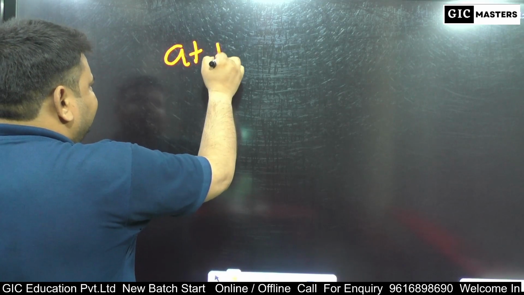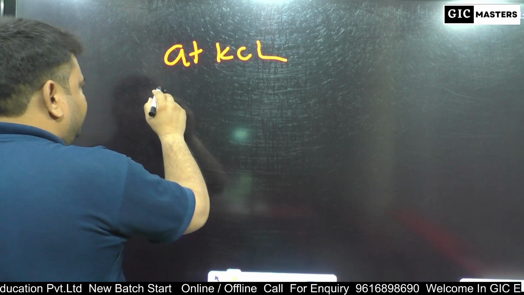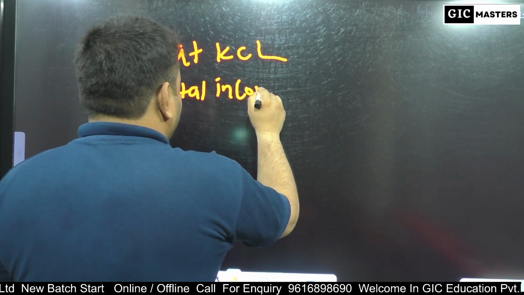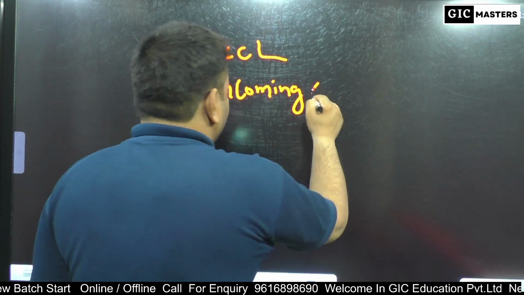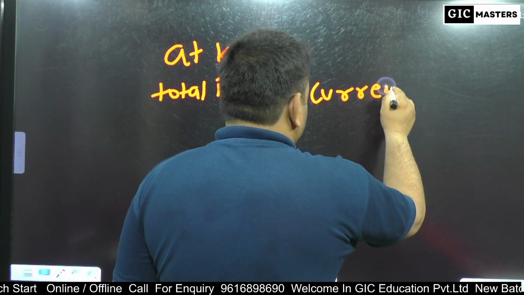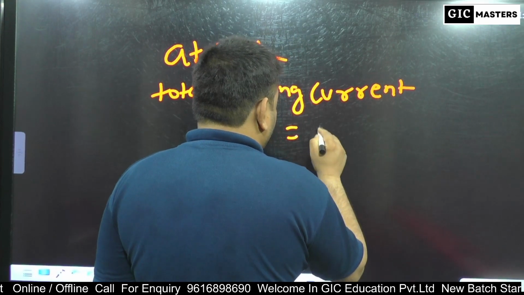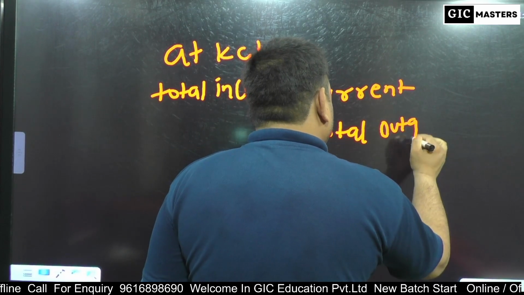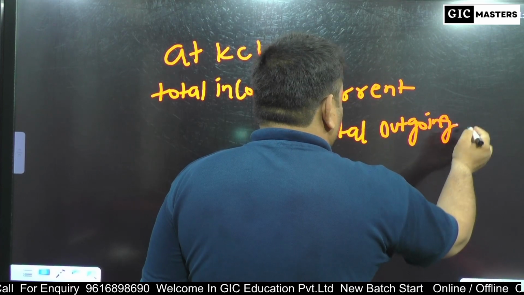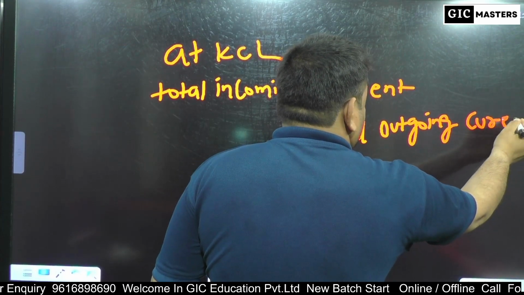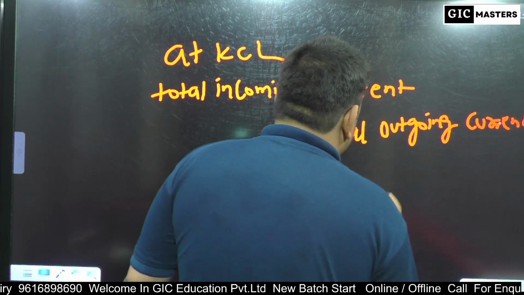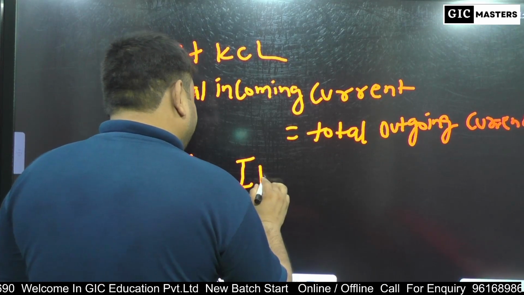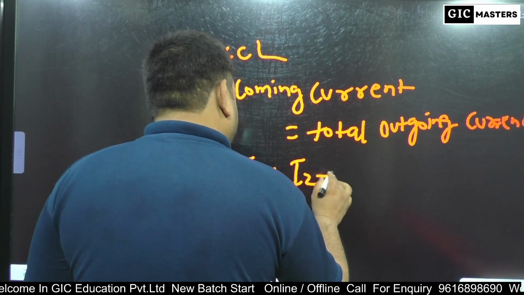According to KCL, total incoming current equals total outgoing current. Here the incoming current is I and the outgoing current is I1 plus I2 plus I3.